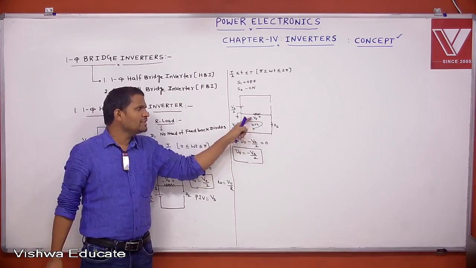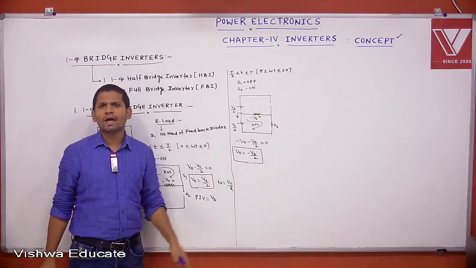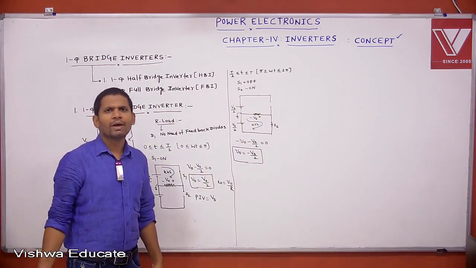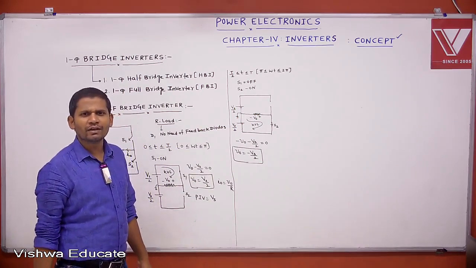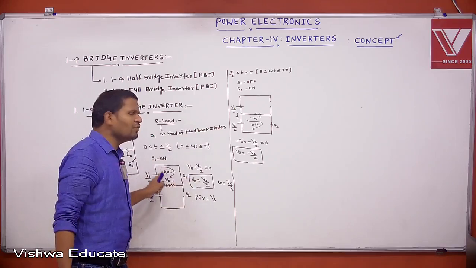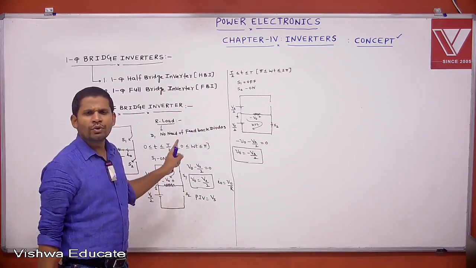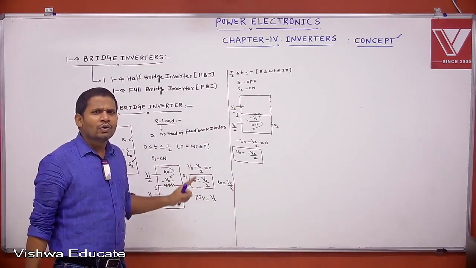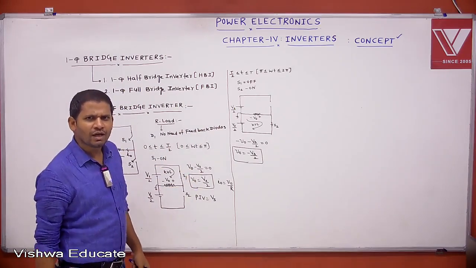Means the load is subjected to unidirectional or bidirectional? Bidirectional. That's why we are converting DC to AC. This I am explaining for R load. We know that for R load, voltage and current waveforms are same.